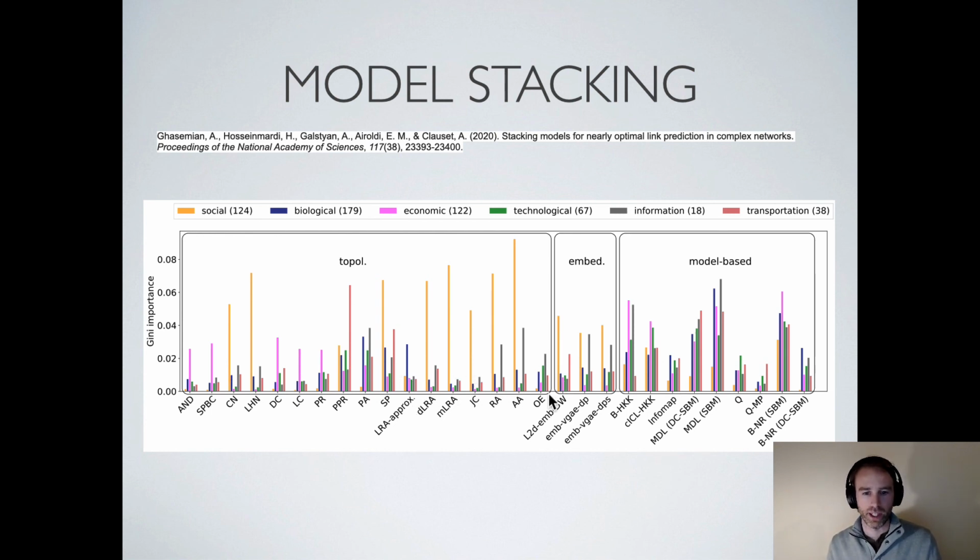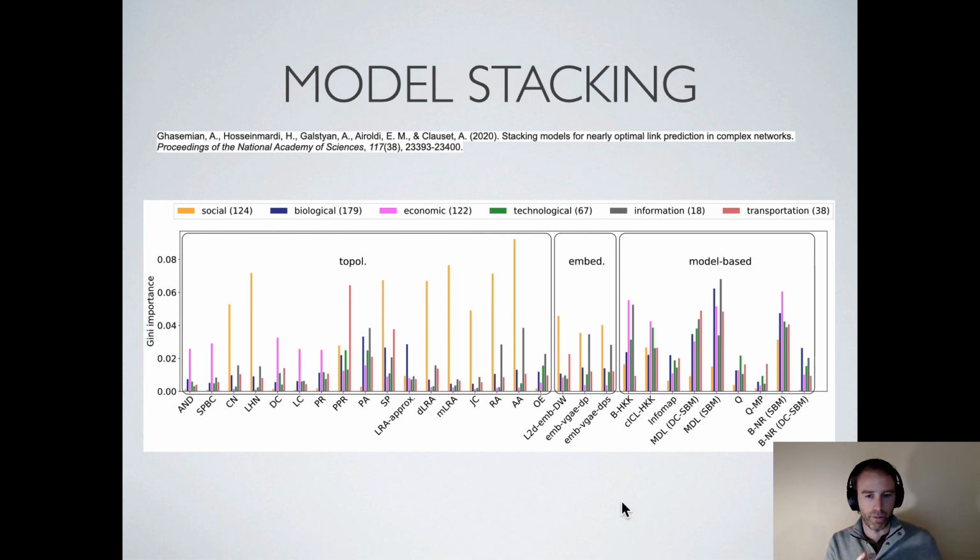For instance, these methods are very efficient on social networks, but embeddings will be more efficient on transportation networks, while the other ones are not efficient on transportation networks. So one of the key points is that the result really depends on the graph that you are analyzing.